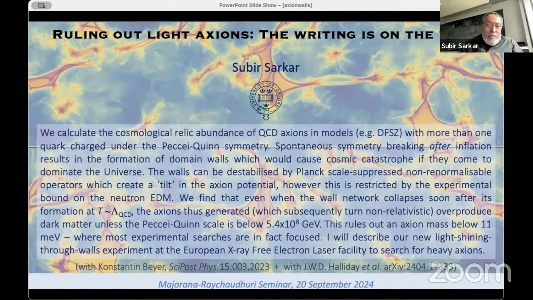And it has, in fact, motivated a new experiment, which was done at the X-ray free electron laser in Hamburg. This was led by my laser colleague, Gianluca Gregori, and I'll talk about that towards the end. So the abstract is up here. The background is a simulation of a domain wall network in axions, but I'll explain all when it comes to discussing the evolution of this system.